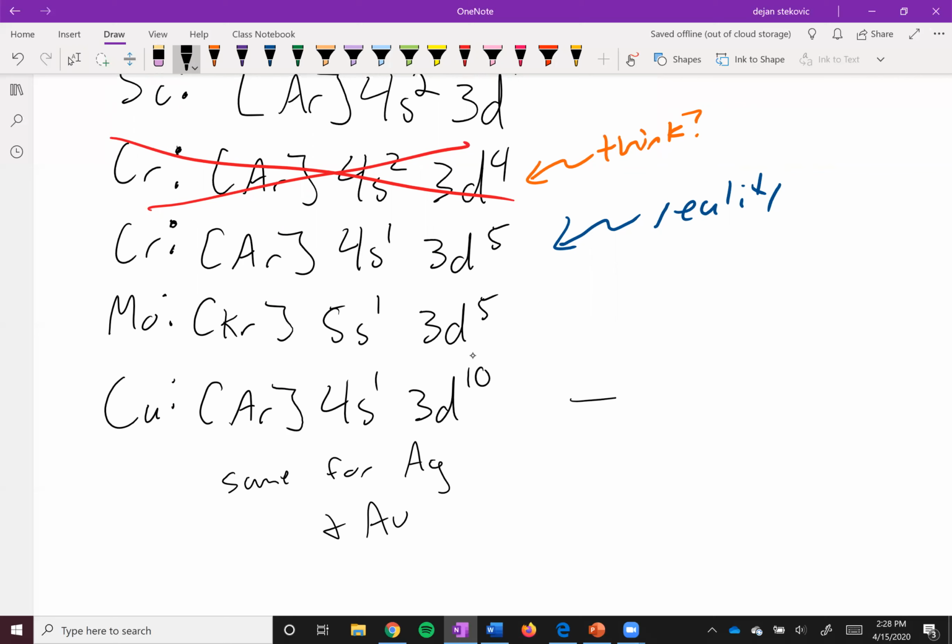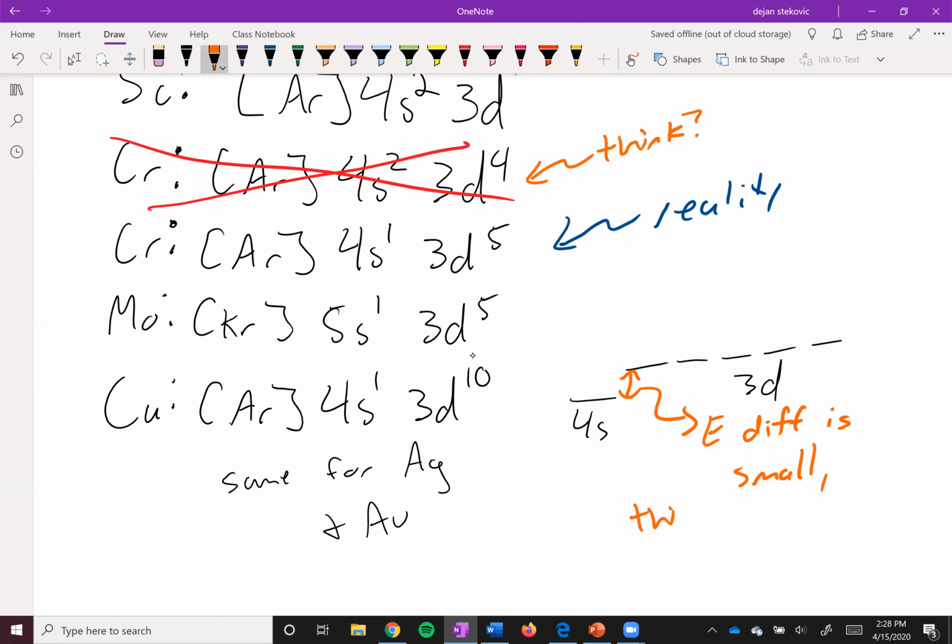And if you think about this 4s orbital and then the accompanying d orbital, this energy gap is very small. So this energy difference is small. And so which one is lower or higher energy gets into a very complicated question. So we'll just say things get complicated.